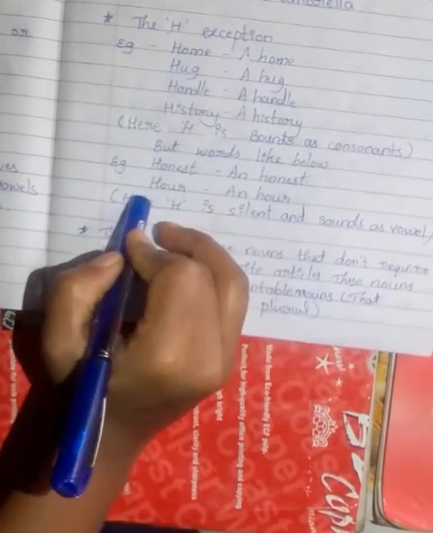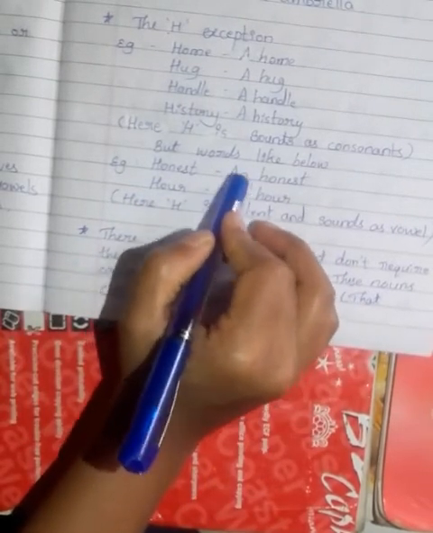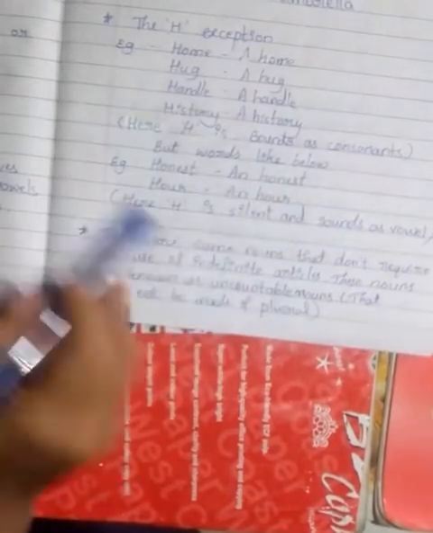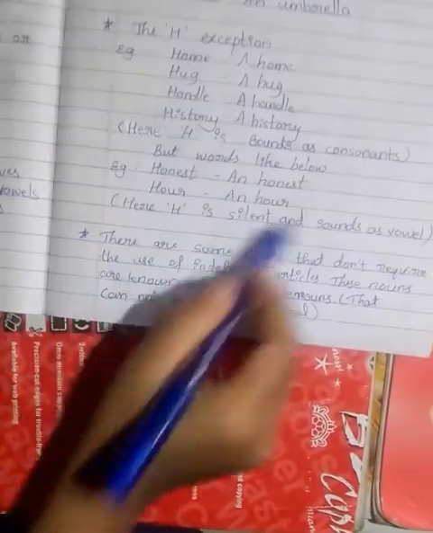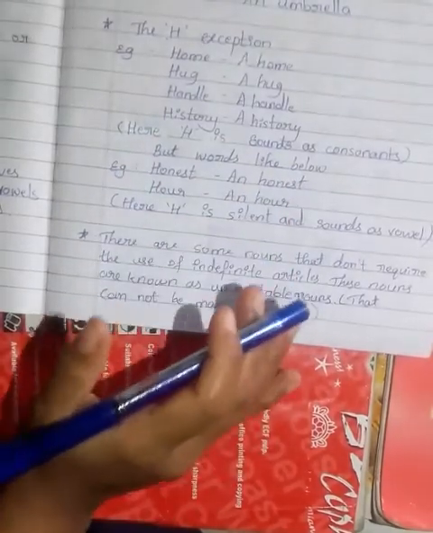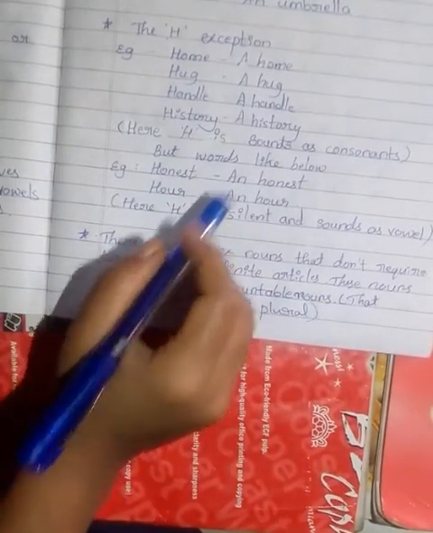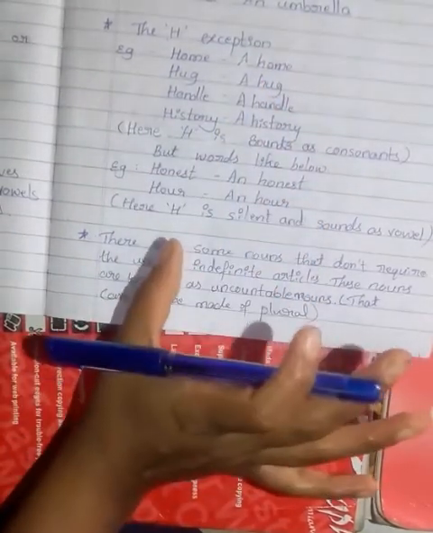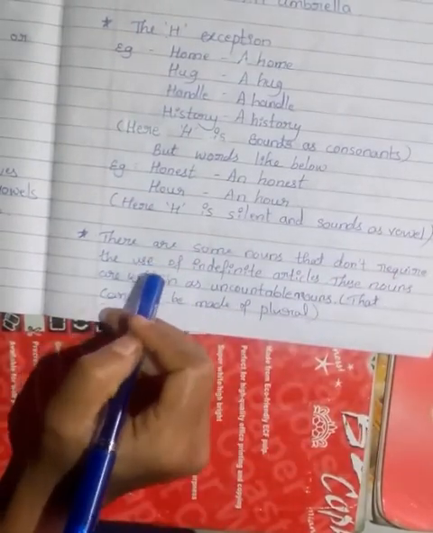Hour, H is silent, so I have added an here. So these are the exceptions of H. Understood, students? While using H, you have to think about the consonant sounds and the vowel sounds. Then you have to add the indefinite articles accordingly. Understood, students? Okay, let's see the next point.